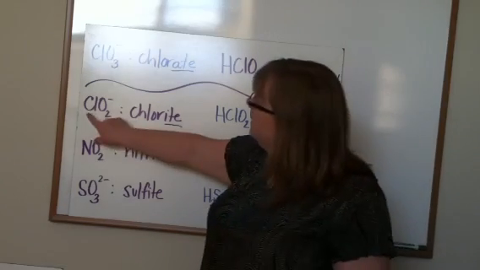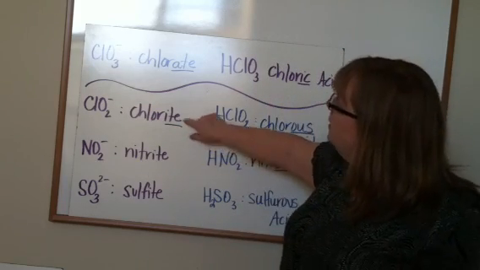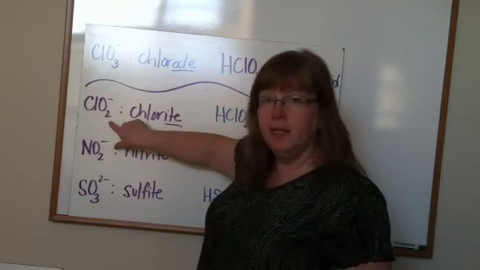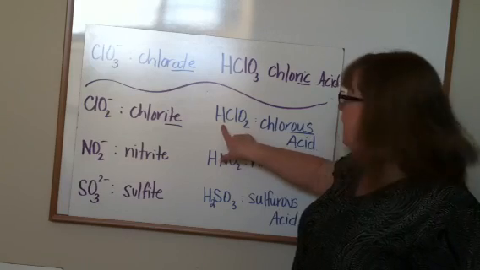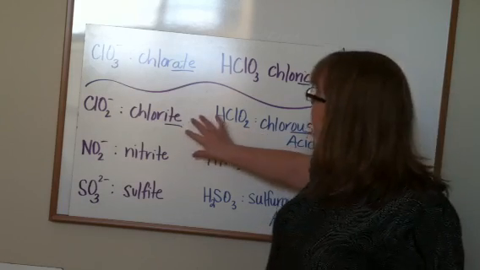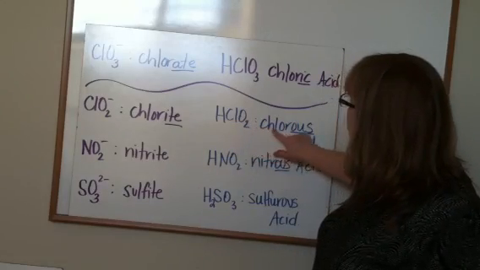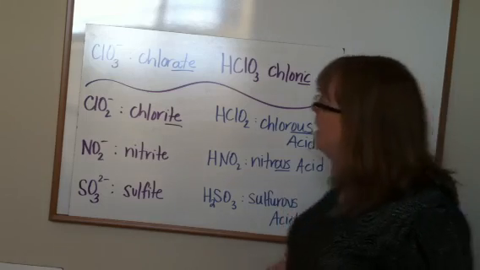So here's an example. ClO2 with a -1 charge is chlorite. Notice 1 less oxygen turns the ate to an ite in the polyatomic ion. 1 hydrogen out front to turn it to an acid, and the ite becomes an ous acid. So HClO2 is chlorous acid, chlorous acid.